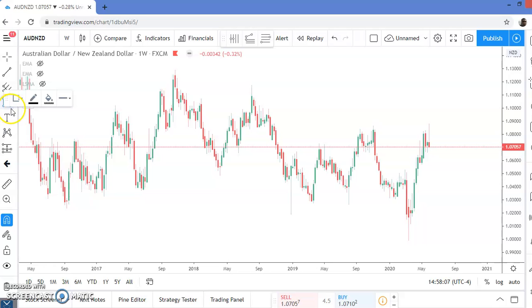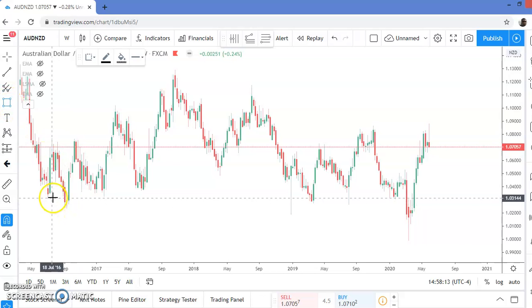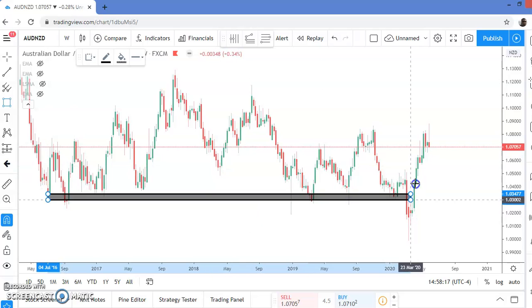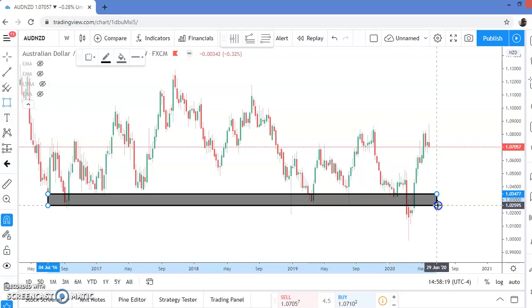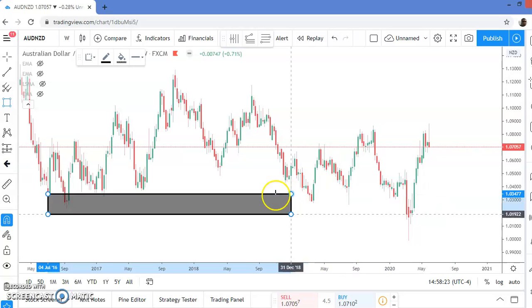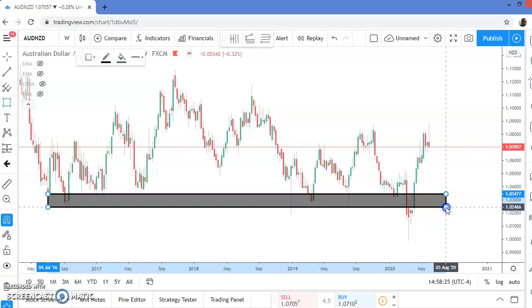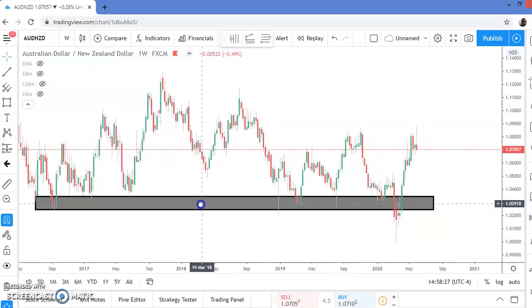So I take this handy dandy triangle tool, and I think I've identified a place where price has touched at least three or more times, and so I just mark that area.